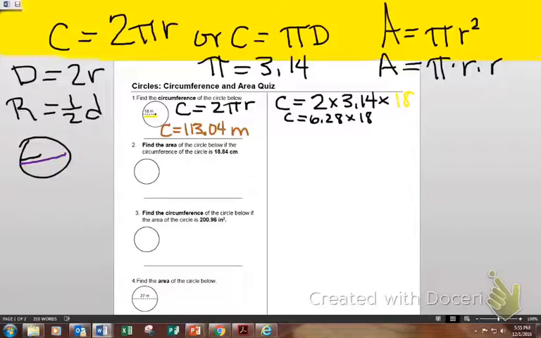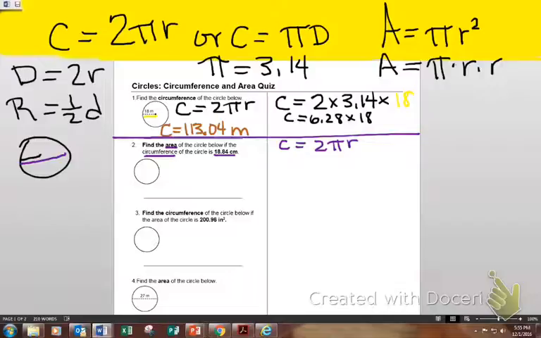In number 2, I'm asked to find the area of the circle if I know that the circumference is 18.84. So I take the circumference and plug it into the formula. The formula for circumference is 2 pi r.